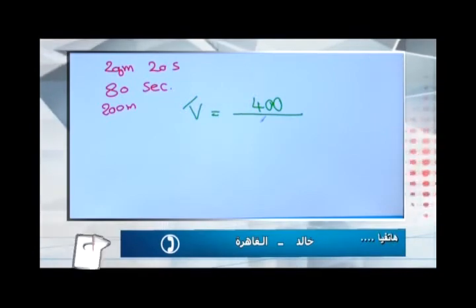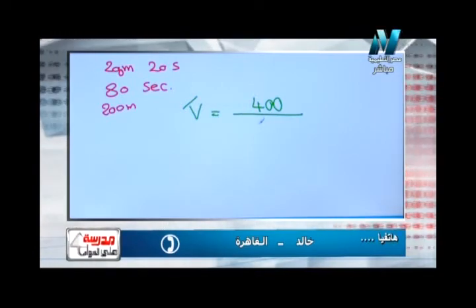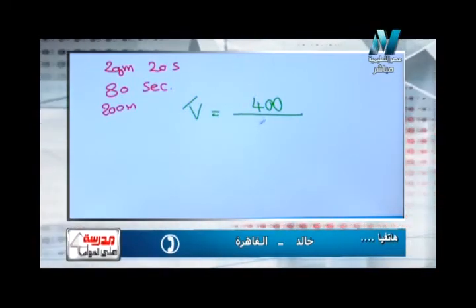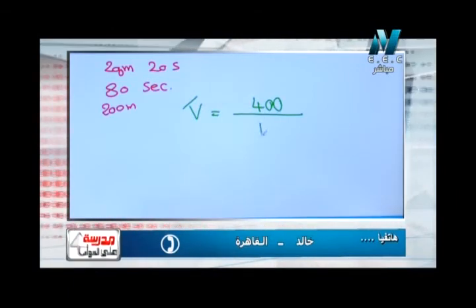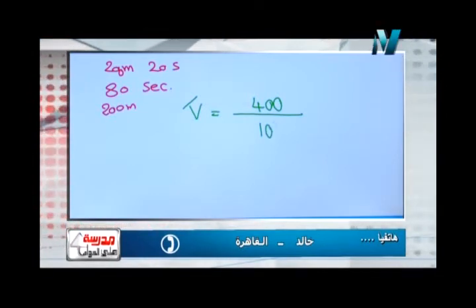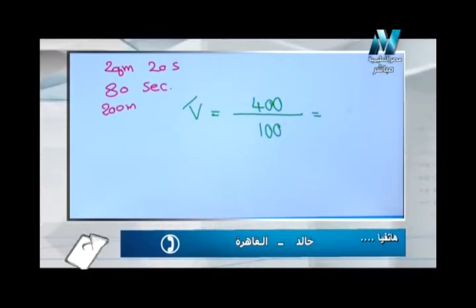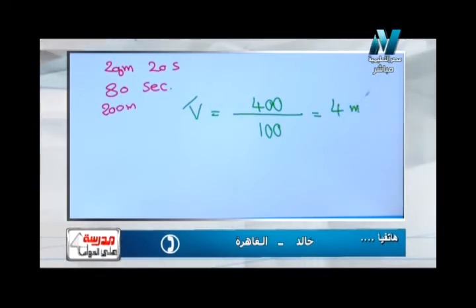Total distance covered هنا how many? 200 plus 200, يبقى 400, over 20 plus 80, يعني 400 over 100 seconds. تمام. هيبقى equal 4 meters per second. Right? Yes.